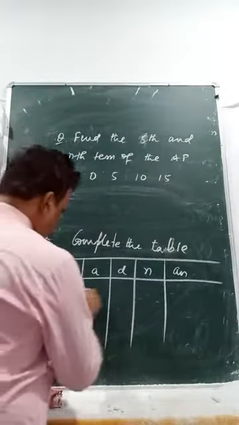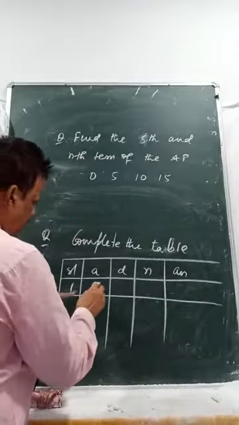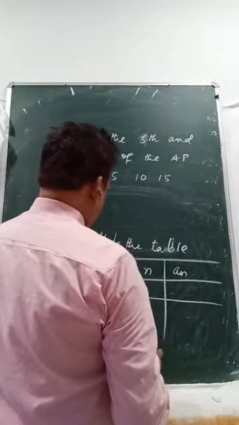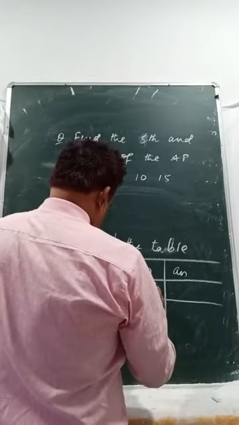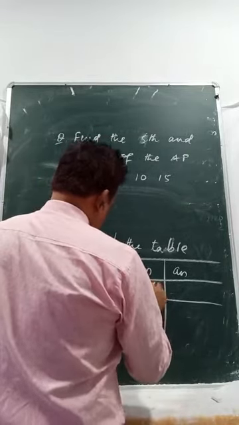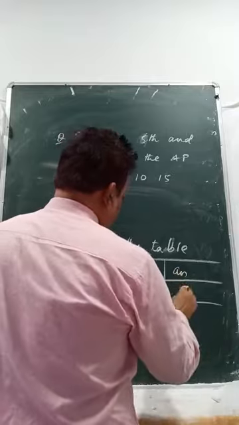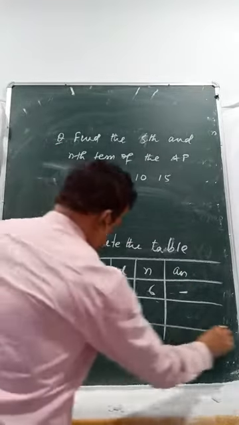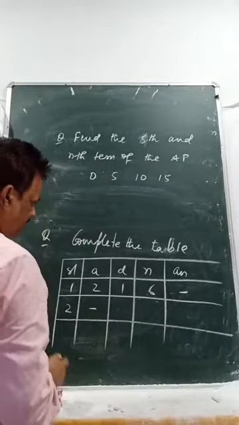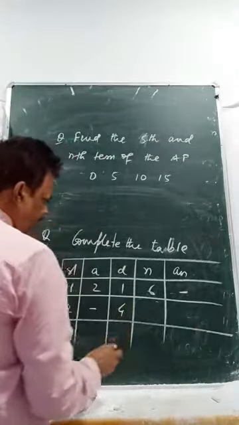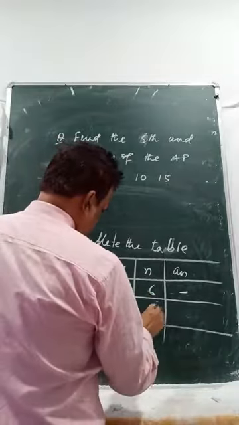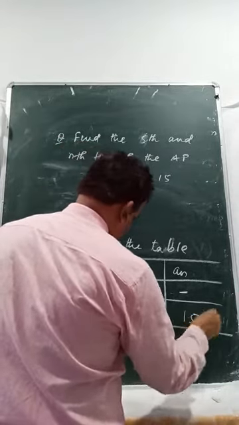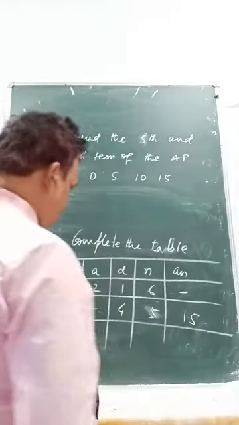Serial number 1: A is given 2, D is 1, n is suppose 6, and you want to find an. Serial number 2: suppose this is not given, D is 4, n is 5, an is suppose 15. So you have to find A.